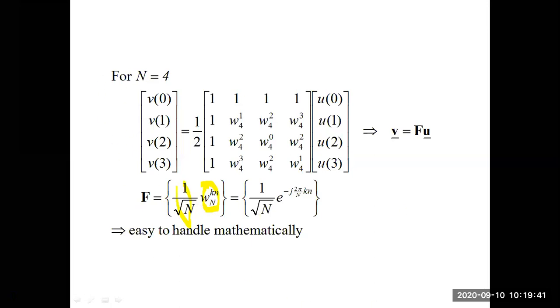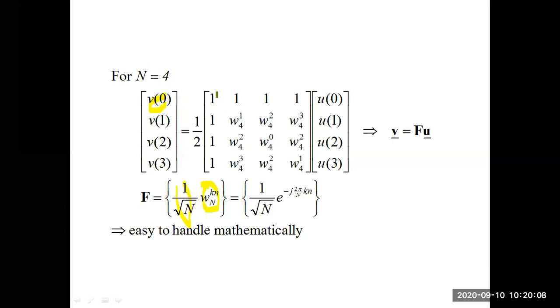Suppose my output is V0. For N equal to 4, how many samples will we get? The input is 4 samples, and the output is also 4 samples: V of 0, V of 1, V of 2, V of 3. N equal to 4 means 1 by square root of 4, which is 1 by 2, multiplied by the matrix.